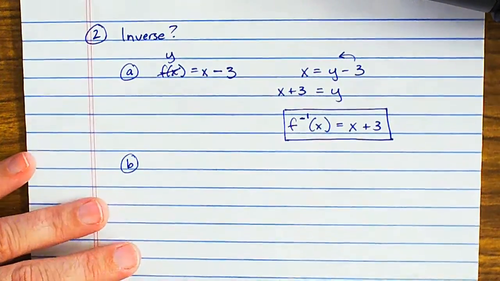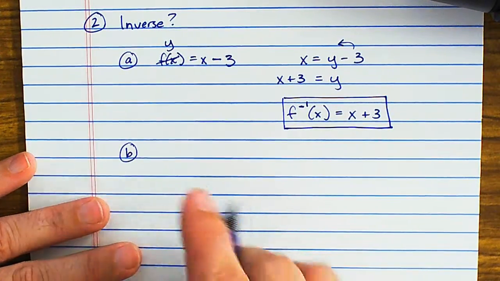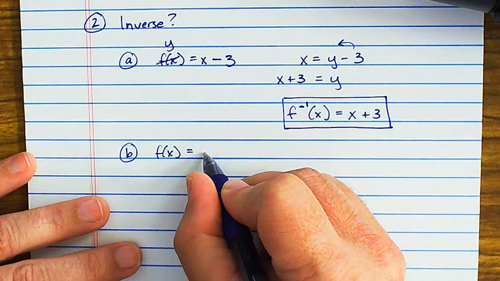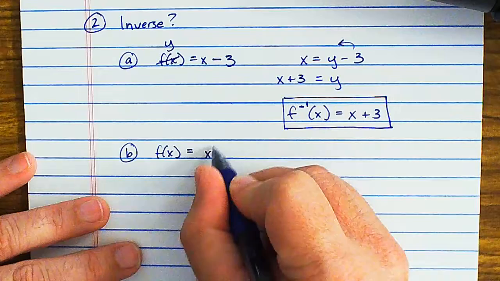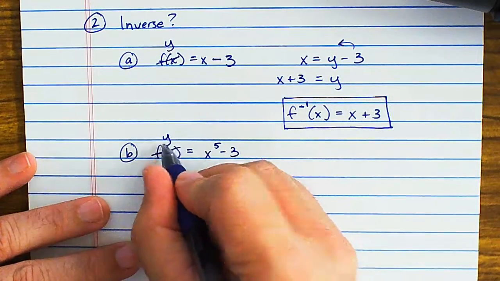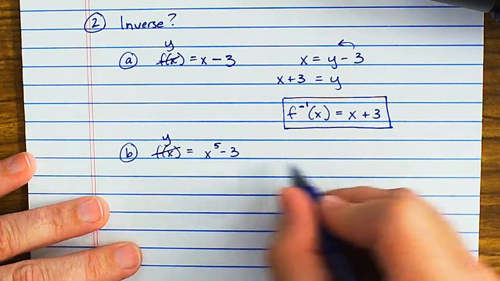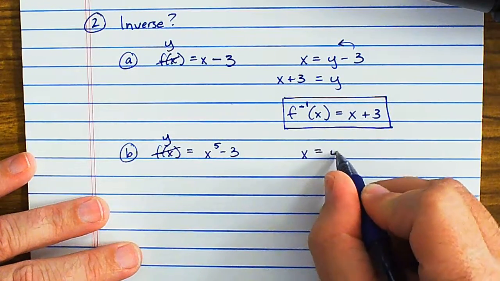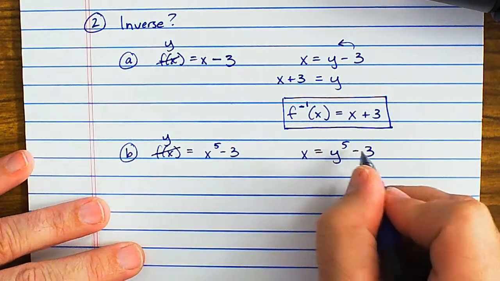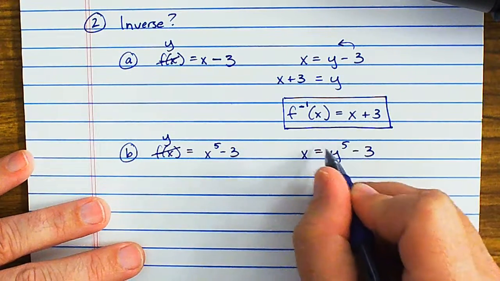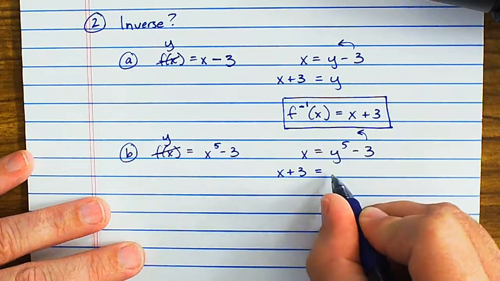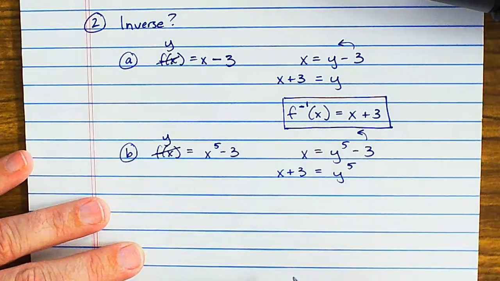Okay, B says that f of x equals x to the 5th minus 3. So this is a fancy way of saying y. So instead of y equals, it's going to be x equals y to the 5th minus 3. So I'm going to bring this minus 3 over, which gives me x plus 3 equals y to the 5th.